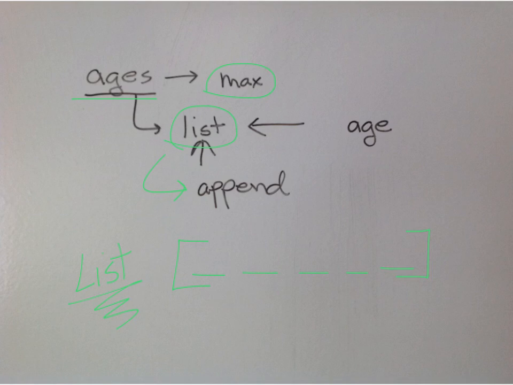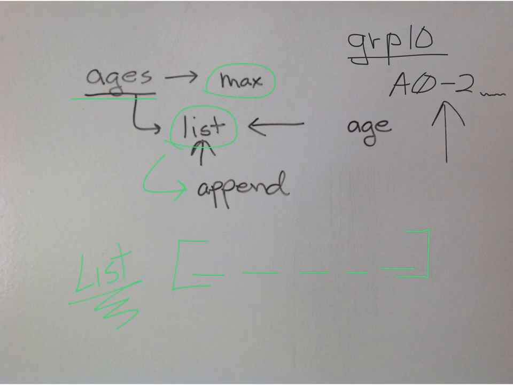And let me finish up with this. In the group 10 directory, you'll see a program, a recent one. You can look at the dates. I think I called it A0-2 or something, then my initials. That has the code that we used to do this particular problem.